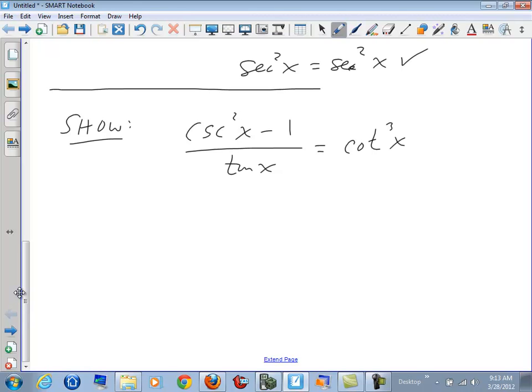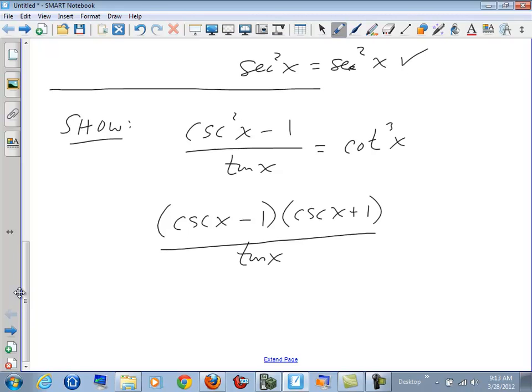Well, if we look at the numerator, that is the difference of two squares. It's cosecant squared minus 1 squared, which means I could rewrite the numerator as cosecant of x minus 1 times cosecant of x plus 1 over tangent x. And we're trying to see that that's cotangent cubed.